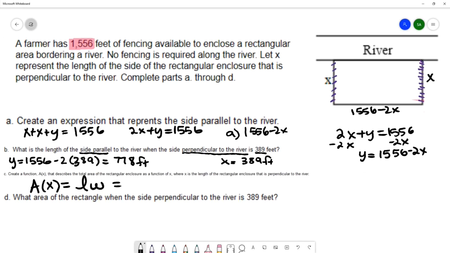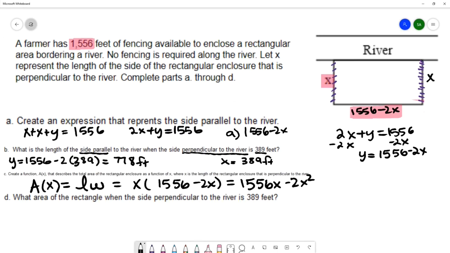We have our width and length labeled, so we can do x times 1,556 minus 2x. And if I use the distributive property, I'll get 1,556x minus 2x squared. And now we have a function that represents the area.